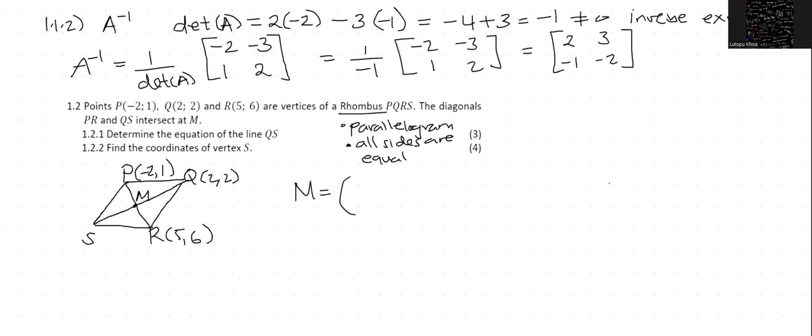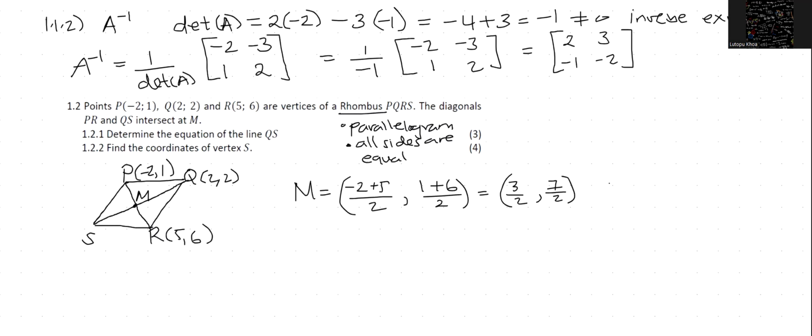So we say minus 2 plus 5, divided by 2, and then 1 plus 6, divided by 2. So this gives us 3 over 2 and 7 over 2. Now when we look at this line QS, we have 2 points that lie on the line QS.